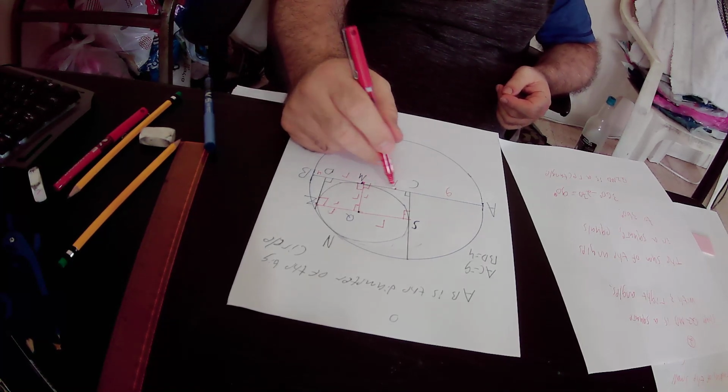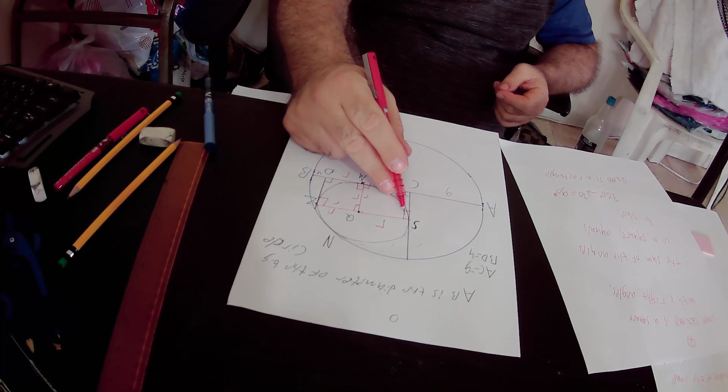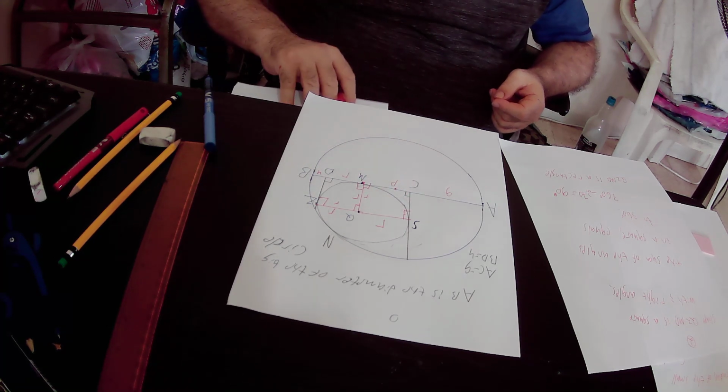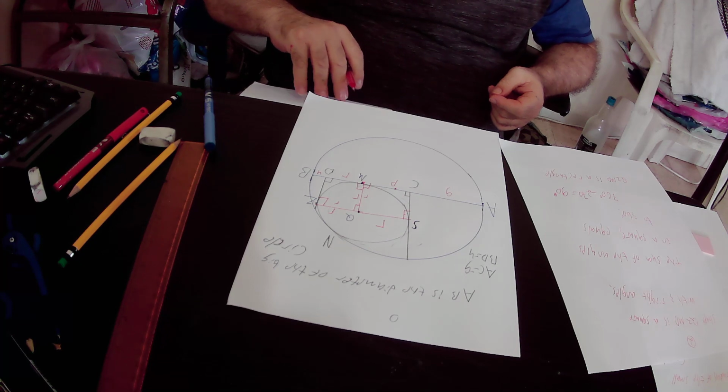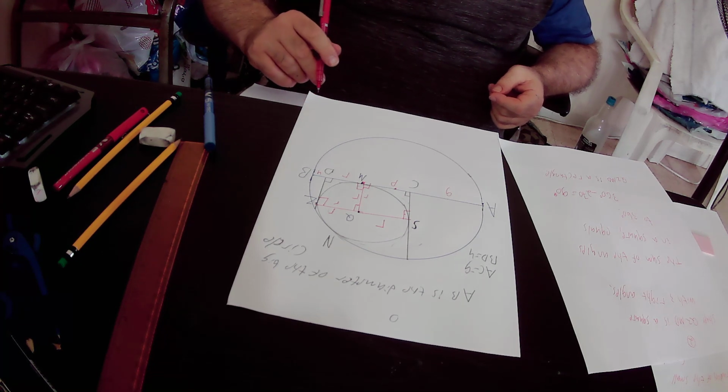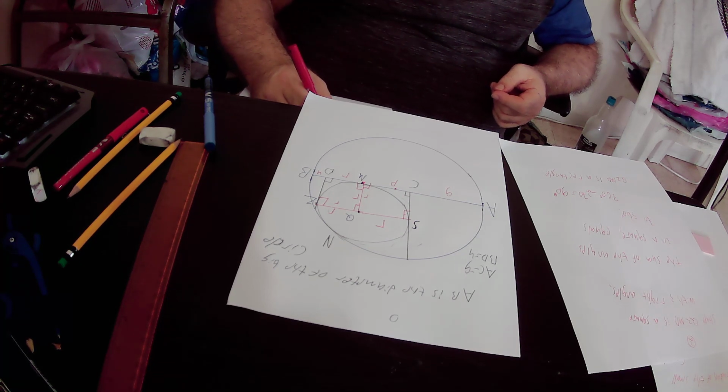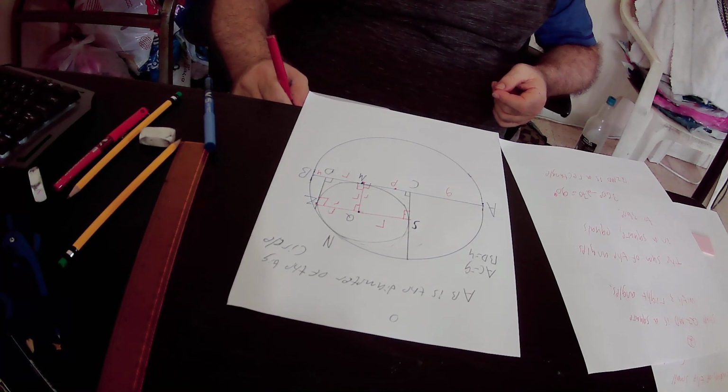This is a right angle, this is a right angle, this is also a right angle. So shape SQCM is a square and has three right angles.